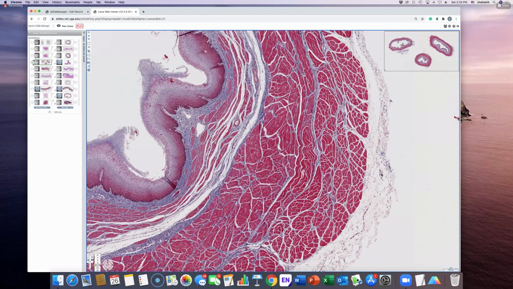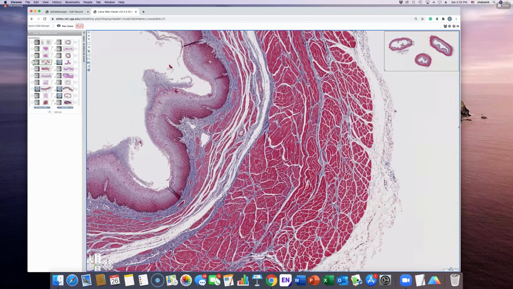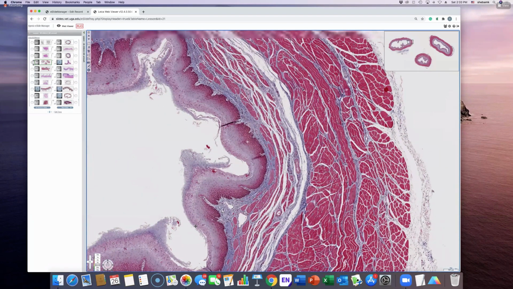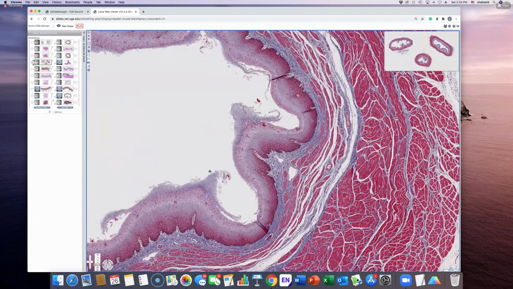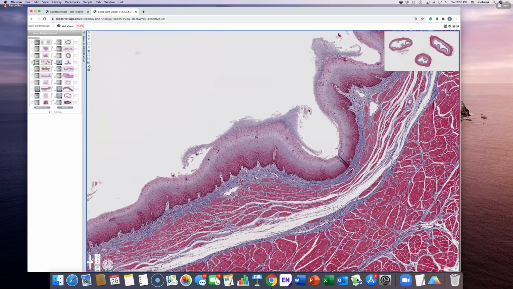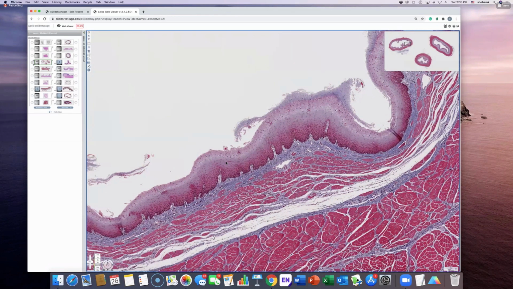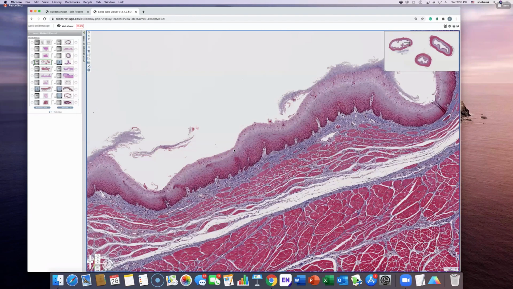So tunica mucosa is here, right? But because this is the esophagus, it's going to be exposed to a lot of abrasive things going through the lumen. So what kind of epithelium do you have? Stratified squamous epithelium. So this is the lamina epithelialis.